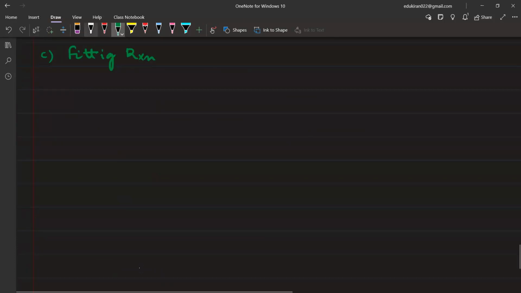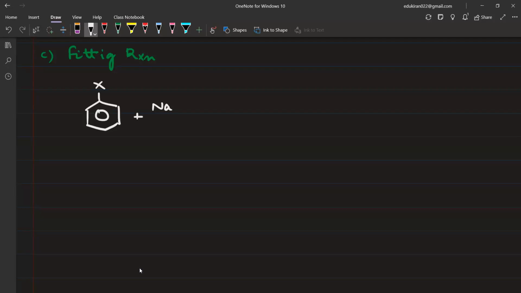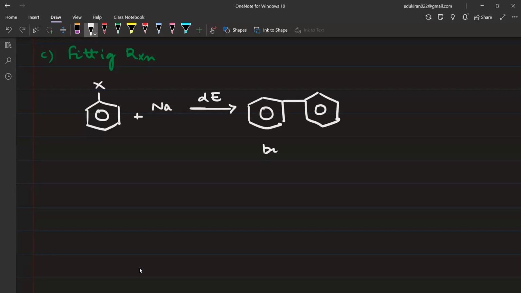Right, next, Fittig reaction. In the Fittig reaction, it's very easy. We have a haloarene. You treat this with sodium in the presence of dry ether, and you will get two benzene rings attached with each other. This is known as biphenyl or diphenyl.